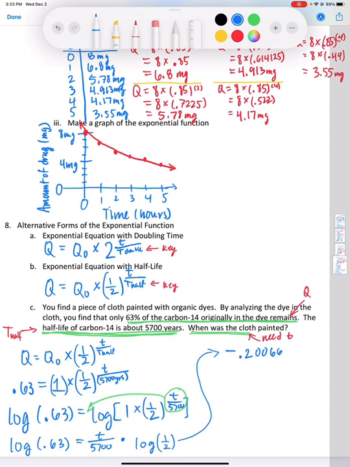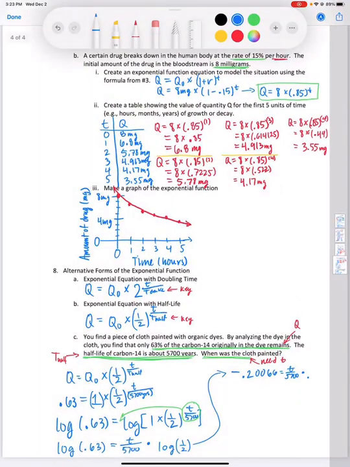And that's going to equal T over 5,700 times the log of 2, which is 0.30103. Now let's divide both sides by 0.30103, which is going to give me the T over 5,700. So we're getting step by step closer to isolating T.